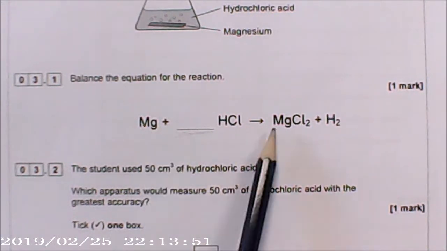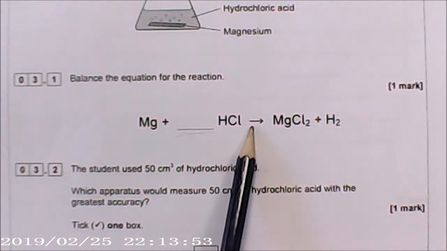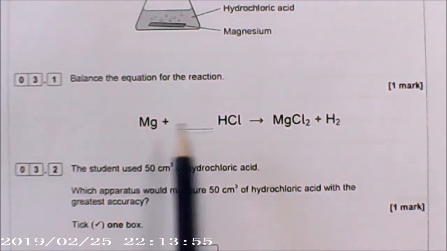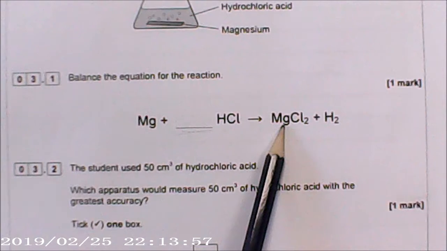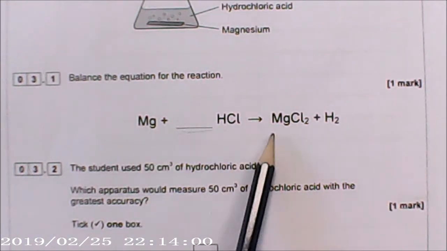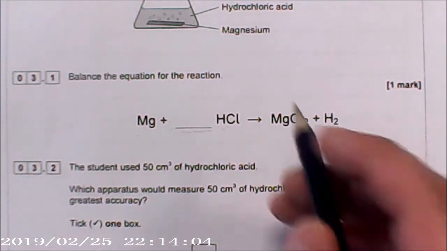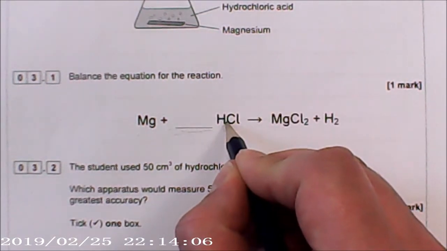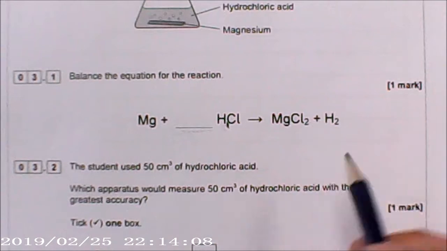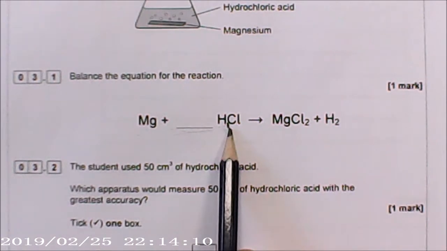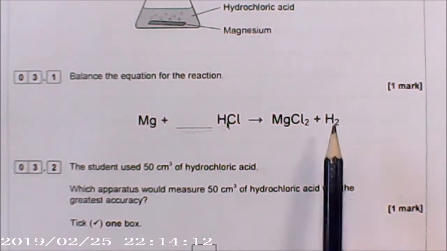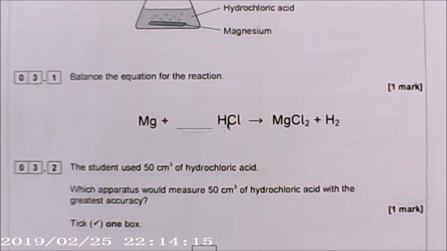So you want to look at how much we have of each element. So here is 1 magnesium. Over this side there is 1 magnesium. So the magnesiums are balanced. Here we've got 1 hydrochloric acid. So if there isn't a number next to it, it just means there's 1 of them. So that's 1 hydrogen here, but over here we've got 2 hydrogens.